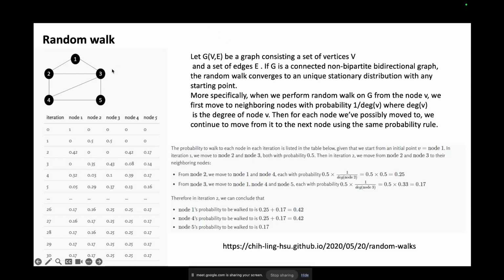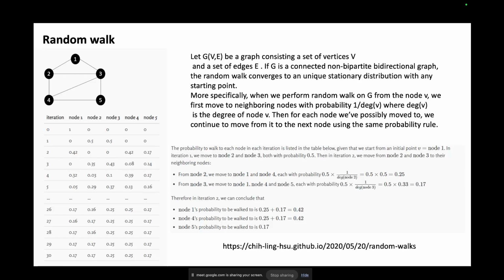So, for example, if you move from this first node, you say, for example, randomly you move to node 2. What will be the probability of moving to node 2? It will be 0.5. Why? Because there is another path connected here. So the degree of the node, for example, let's say node 3.